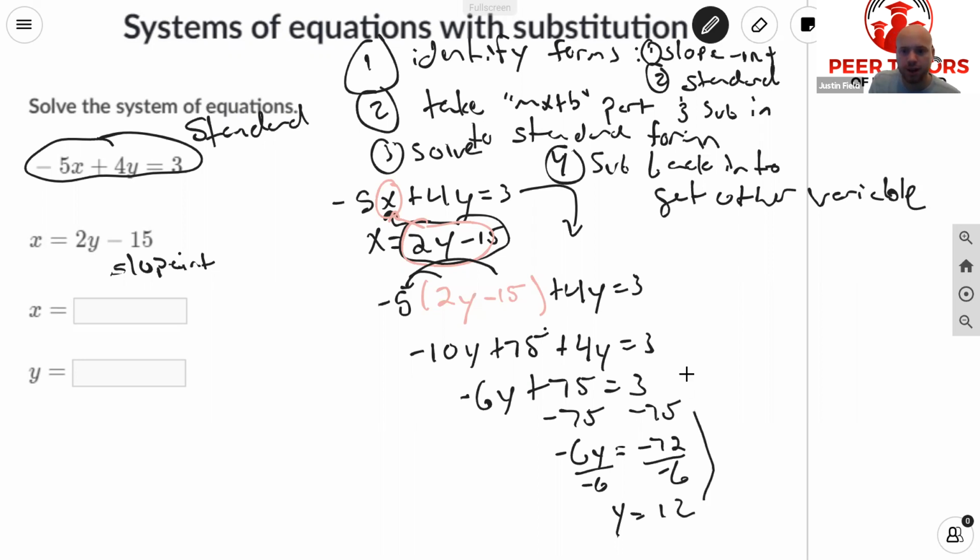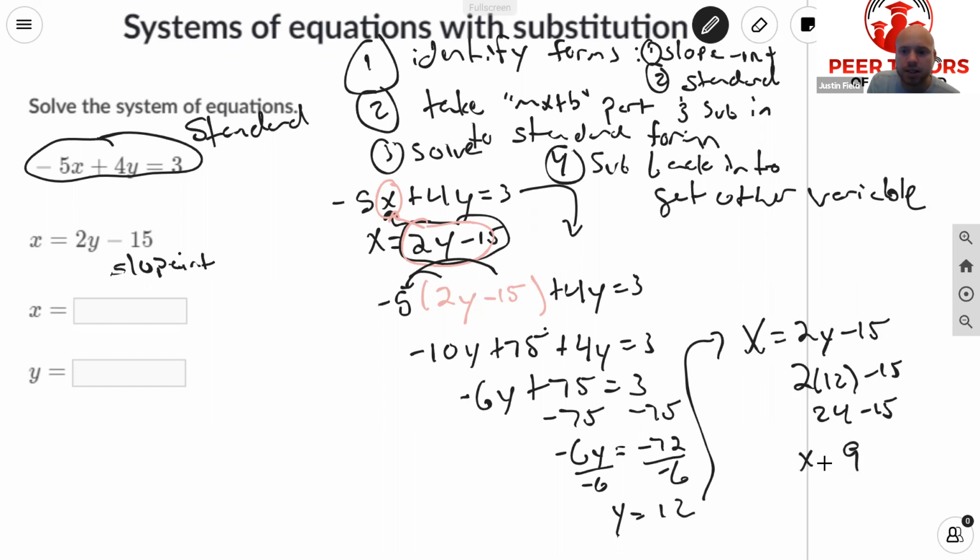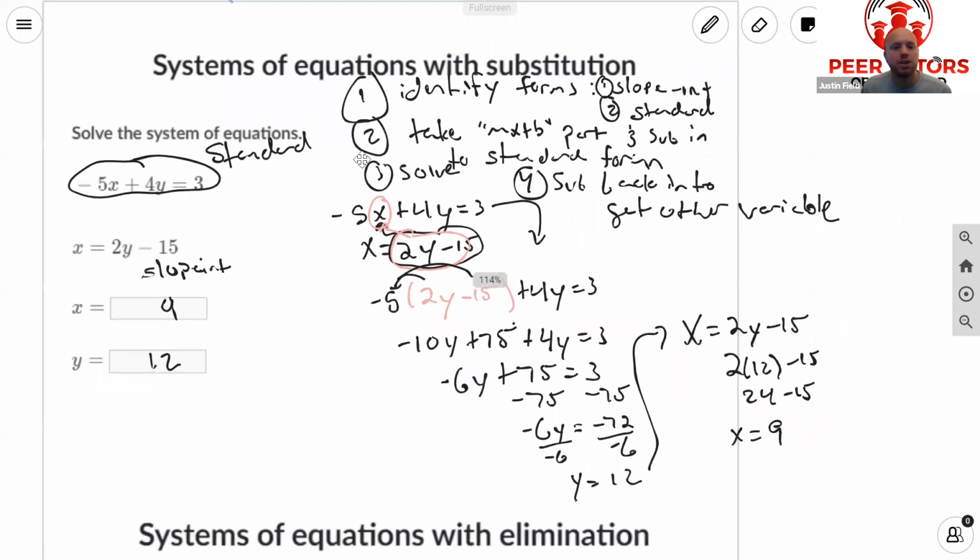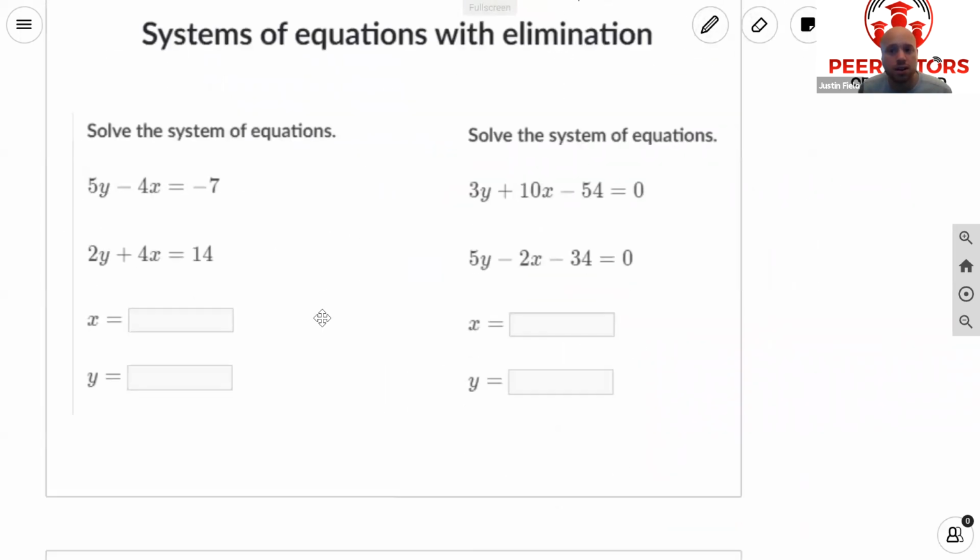So now we know that x was just 2y minus 15, right? So now I'm going to write 2 times 12 minus 15. 24 minus 15 is 9. X equals 9. So 9, 12. And then you could substitute that into both of them, and it should give you the same thing.